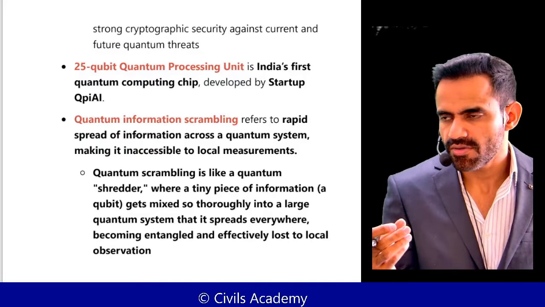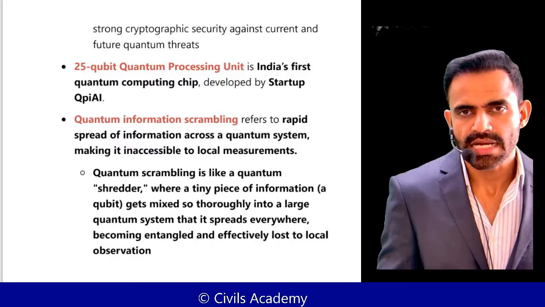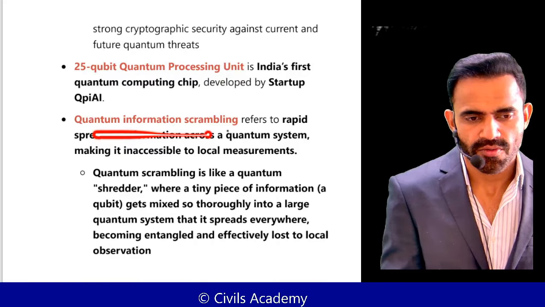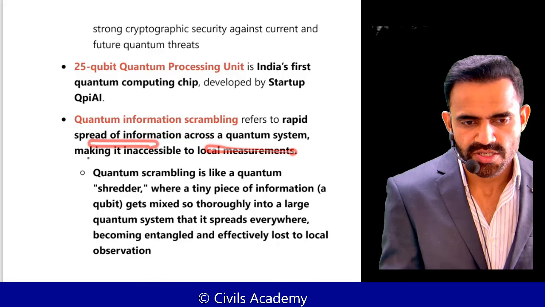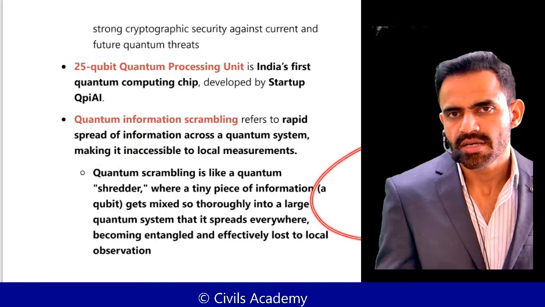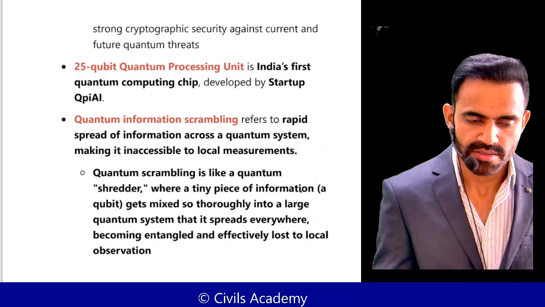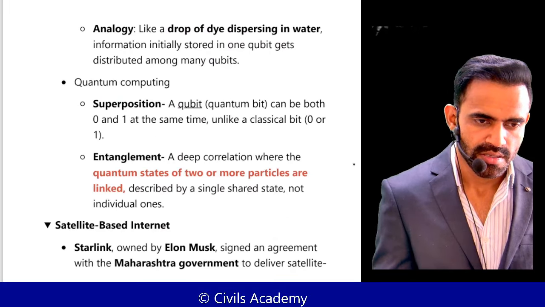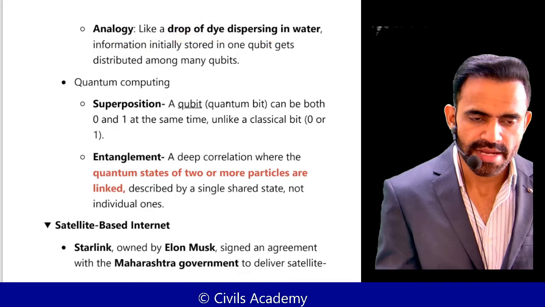Similarly, if we put entire information in a scattered format, that is referred to as quantum information scrambling. It refers to rapid spread of information across a quantum system, making it inaccessible to local measurement. That means one will not have complete information. It is scattered. We have already discussed the drop of dye dispersed in water.